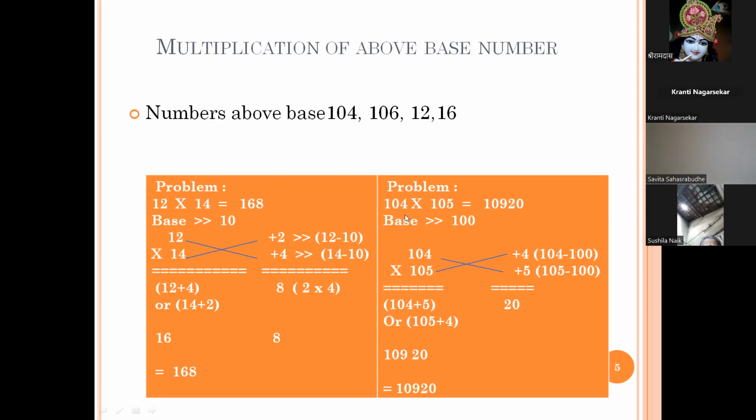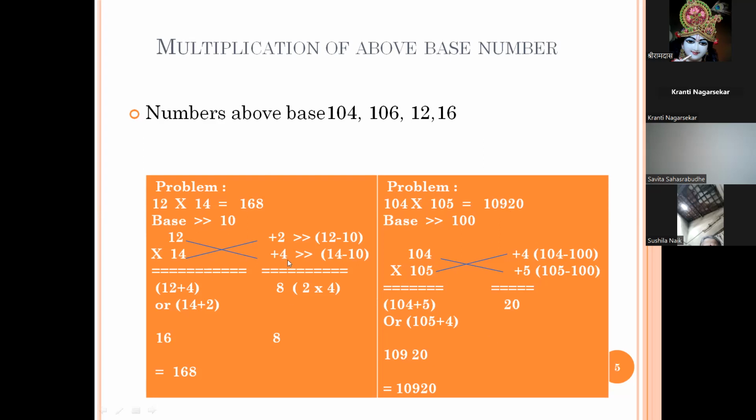Another example, 104 into 105. Base is 100, so 104 is above by plus 4 and 105 by plus 5. 5 fours are 20. The base has two zeros and we got two digits, so we don't need to do anything. Then 104 plus 5 is 109, or 105 plus 4 is again 109. So the answer is 10920.